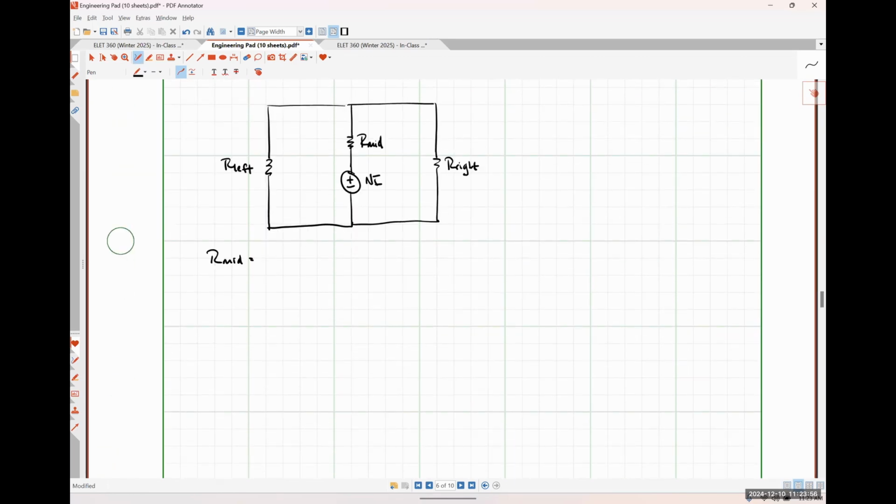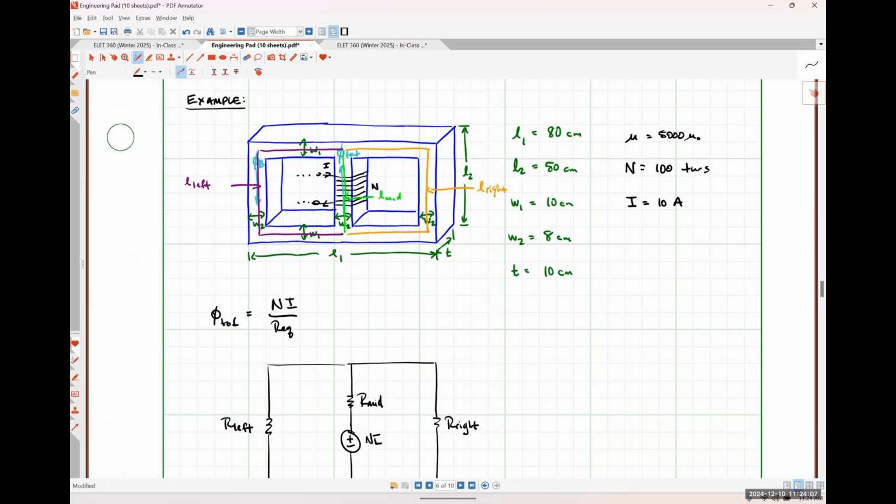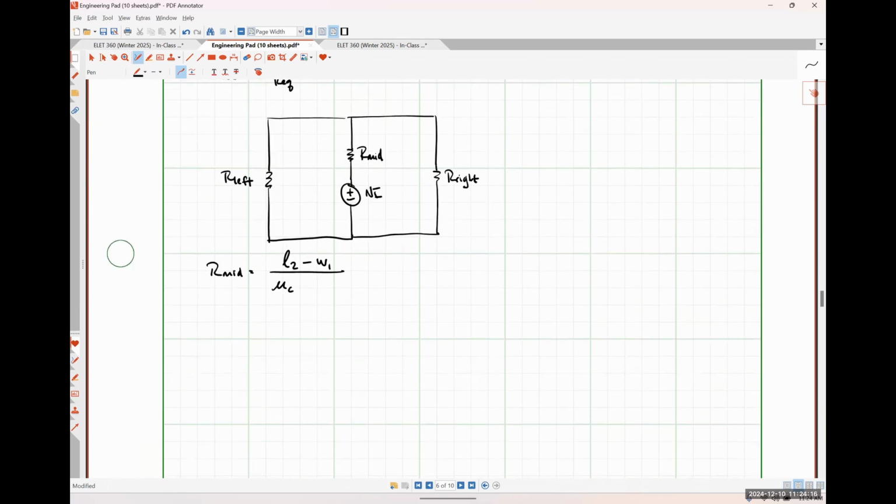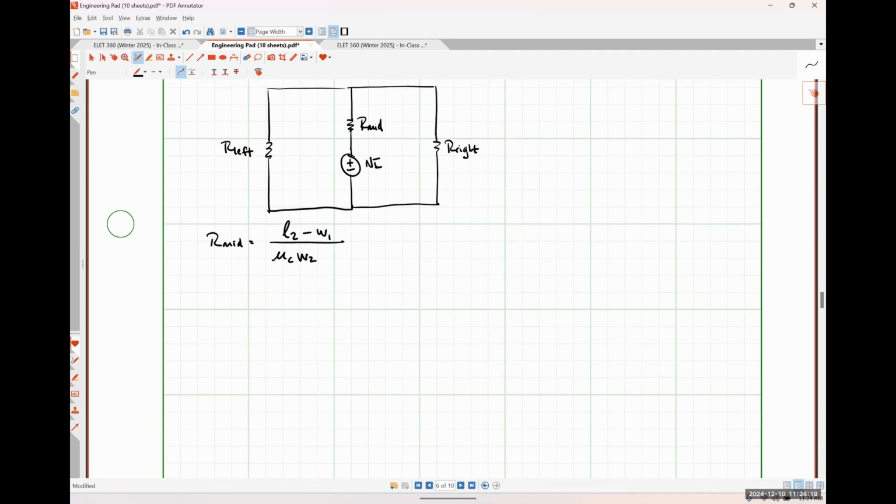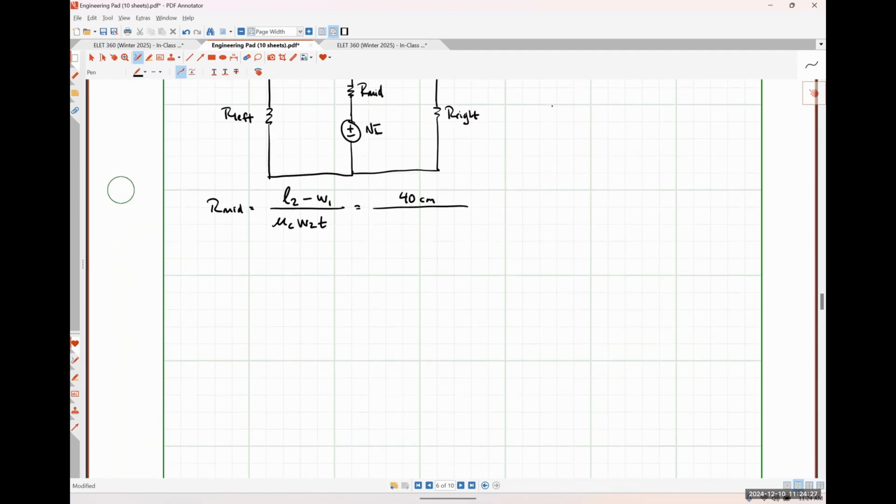So I'm going to write it down as L2 minus W1 over mu C, which is just going to be my core permeability. What would my cross-sectional area be for this guy? W2 times T. Absolutely right. So that would be 40 centimeters over, what did I do? 5,000 times 4 pi times 10 to the minus 9 henries per centimeter.